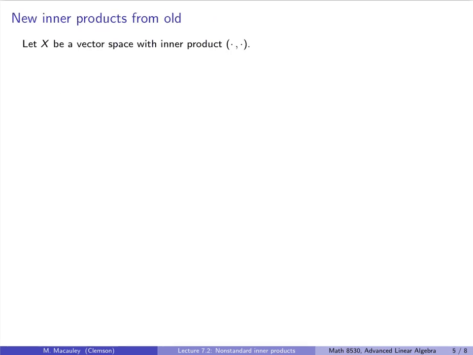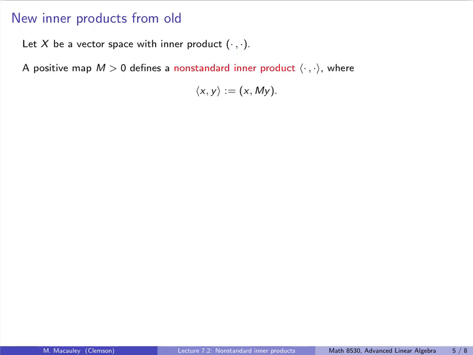Moving on, I want to revisit this idea that we did a couple slides ago about defining a new inner product using a positive definite matrix. So if X is a vector space with inner product that I will denote with parentheses, a positive map M defines a so-called non-standard inner product that I will denote with angle brackets, defined as follows.